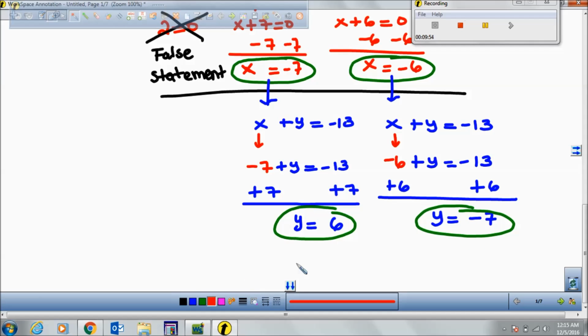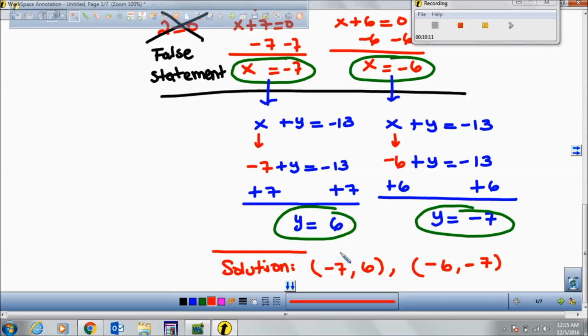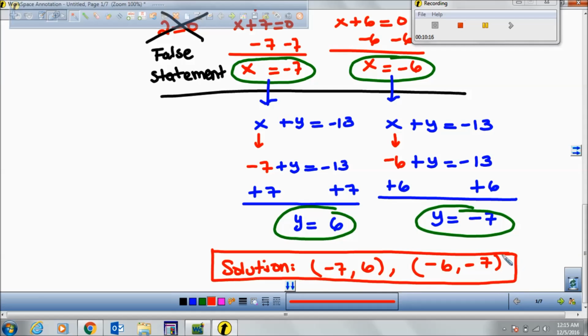So your solution is going to be (-7, 6), (-6, -7). This is using the first x and y paired together and the second x and y also paired together. And you always put a comma in between the two solutions. Okay, so that is this.